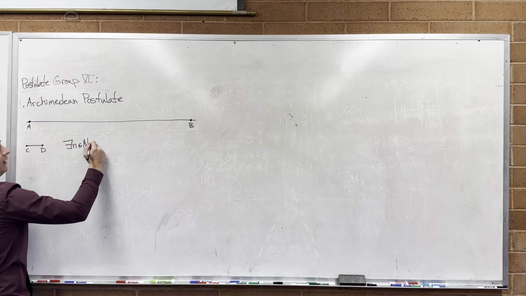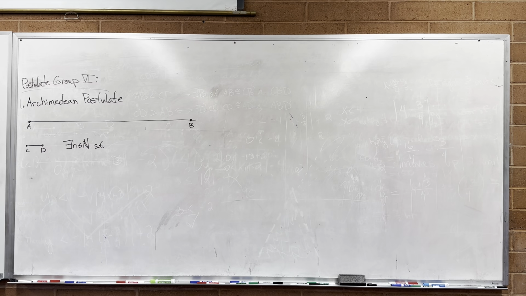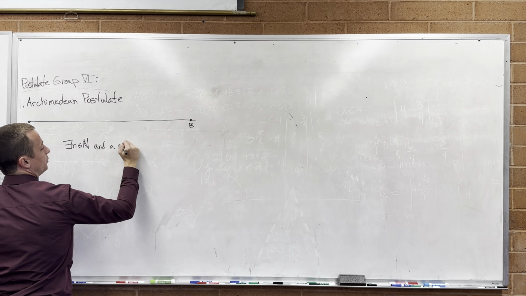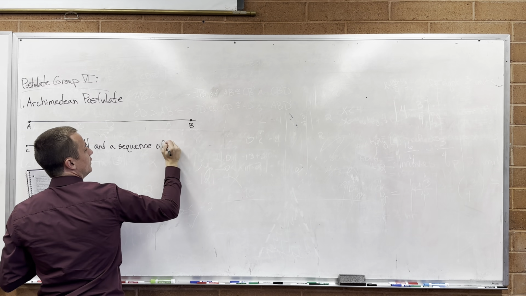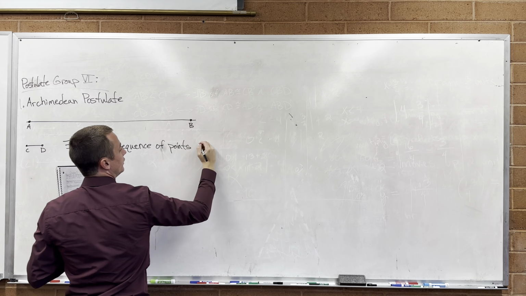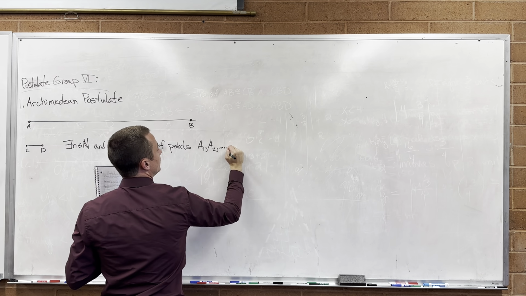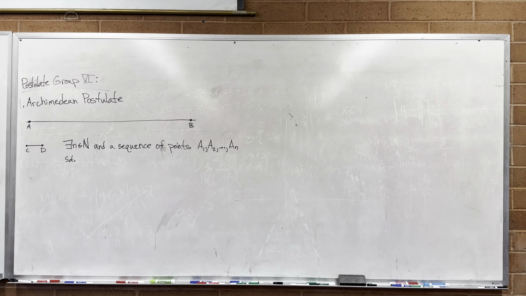So it says there exists n in N and a sequence of points A1, A2, ..., An, such that the sequence of points are going to be our sequence of points that we list up here, giving us our segments.